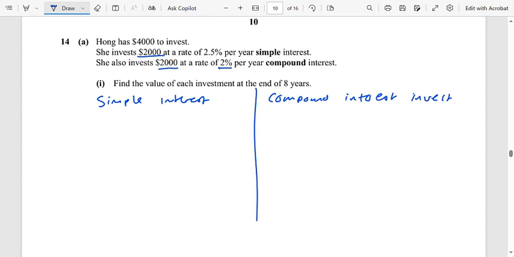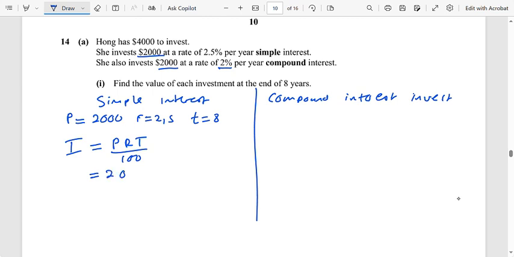So for the simple interest investment, the principal or the amount invested is 2,000. The rate is 2.5, whereas the time is 8 years. So interest earned is equal to PRT over 100.